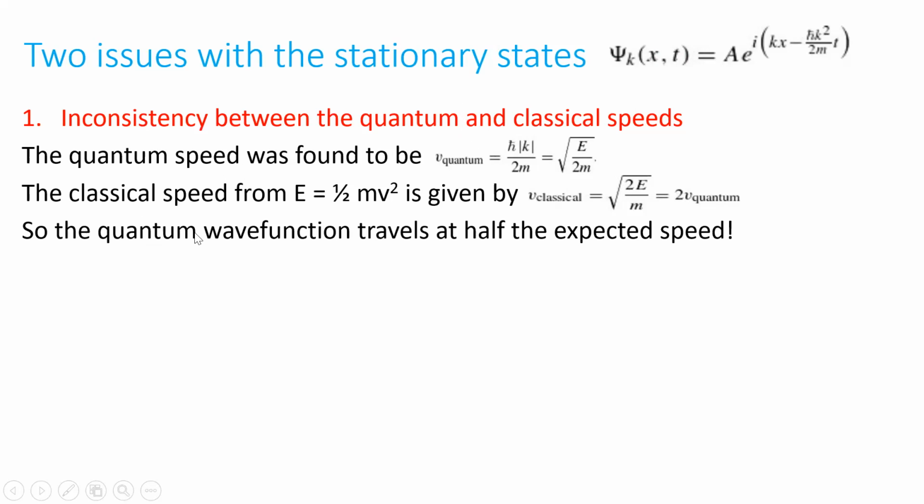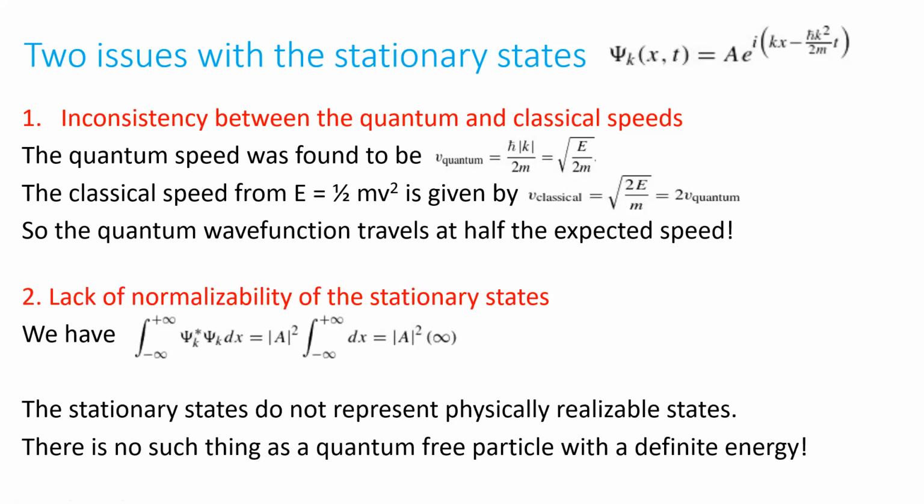The quantum wave function or stationary state travels at half the expected speed, okay? That seems to be a problem, a mismatch between the speed we expect for a particle with kinetic energy E and the actual speed we get for the stationary state here. We'll see that we can resolve that later in this video.